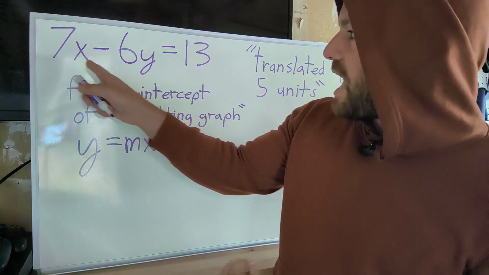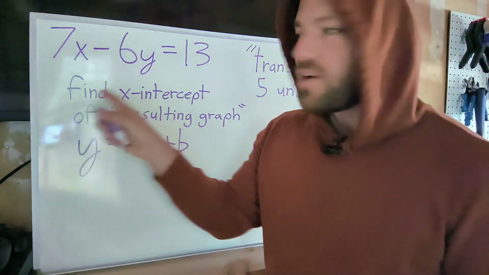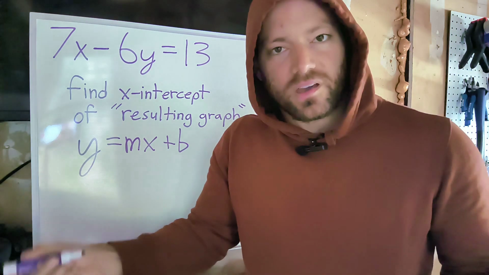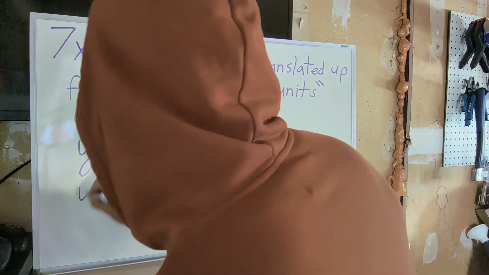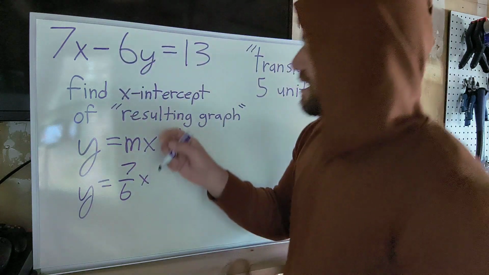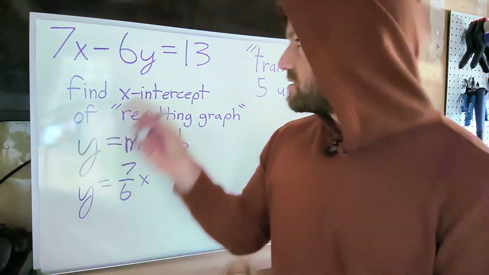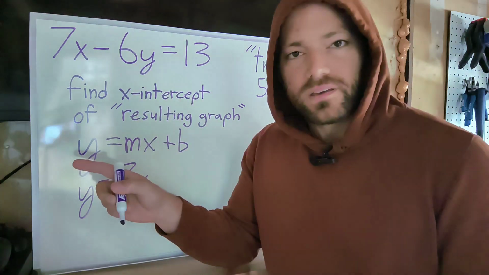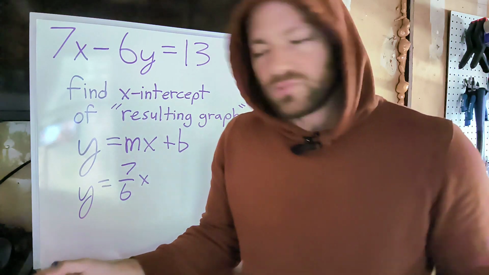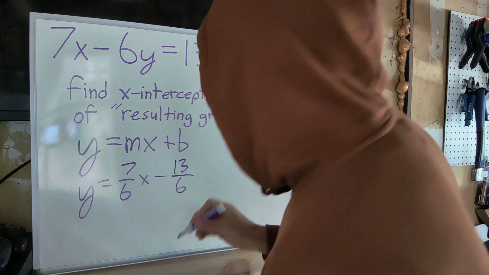If it's in ax plus by equals c form, the slope is -a over b. So that would be -7 over -6, which would become 7 over 6. So now I know that the slope is 7/6 x. And the y-intercept is just going to be c over b. So in this case, it's going to be 13 over -6, so -13 over 6.